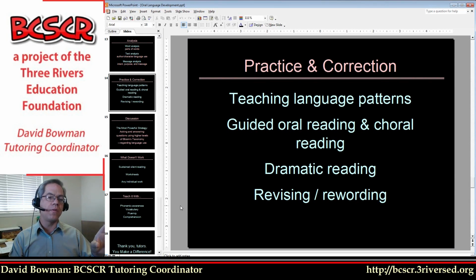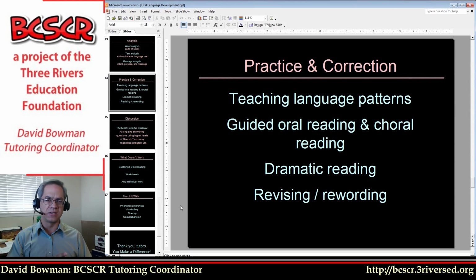And along with that, any type of guided oral reading activity is very effective for providing students the opportunity to practice and then to correct their language use and have a chance to practice it again. Because we always want to give students the chance to practice using language correctly so that they begin to develop those language patterns that they need.